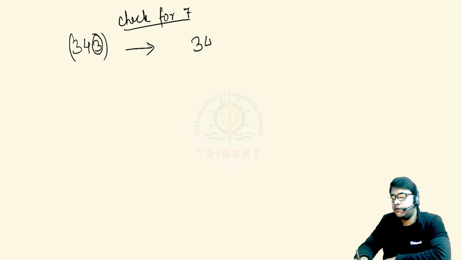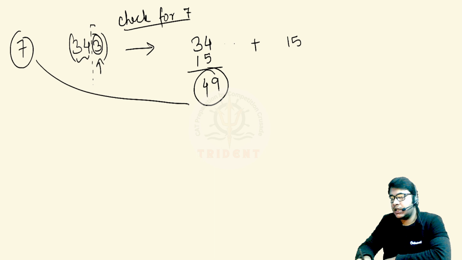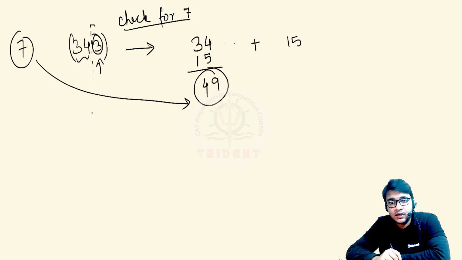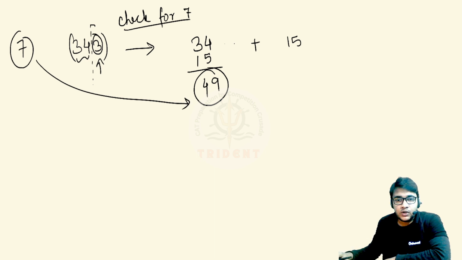So 34 plus 3 fives are 15, you will add this to the first two digits. We always ignore the last digit, multiply the seed by it, and add the result to the remaining number. So this is 9 and this becomes 49. Now straight away, because we were checking for 7, can you not see that 49 is divisible by 7? I should also tell you that 343 is nothing but 7 cube.